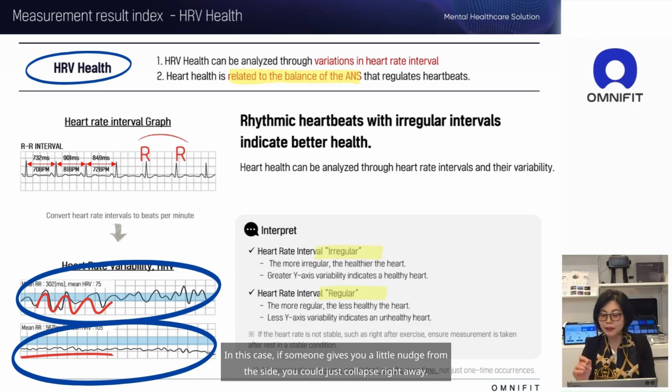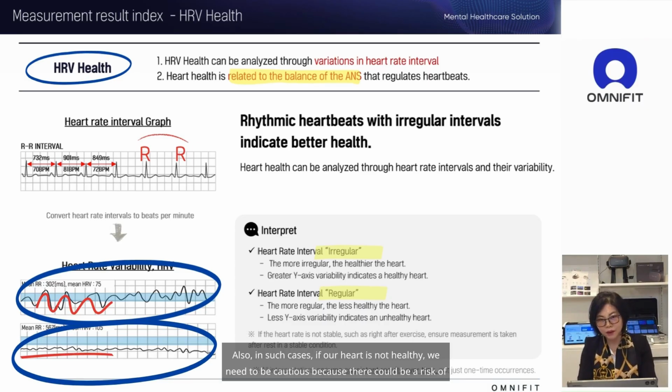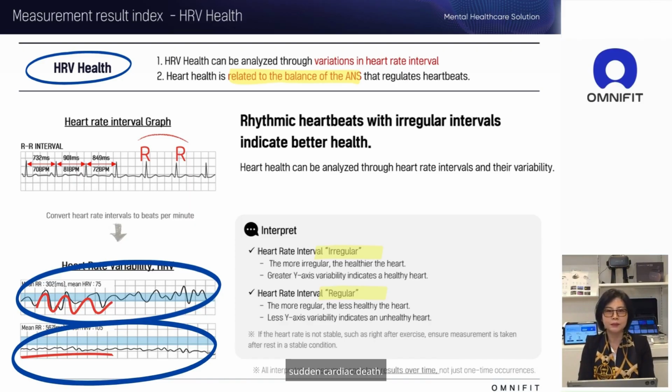In this case, if someone gives you a little nudge from the side, you could just collapse right away. In other words, in these cases, your ability to cope with external stress or situations also decreases. Also, in such cases, if our heart is not healthy, we need to be cautious because there could be a risk of sudden cardiac death.